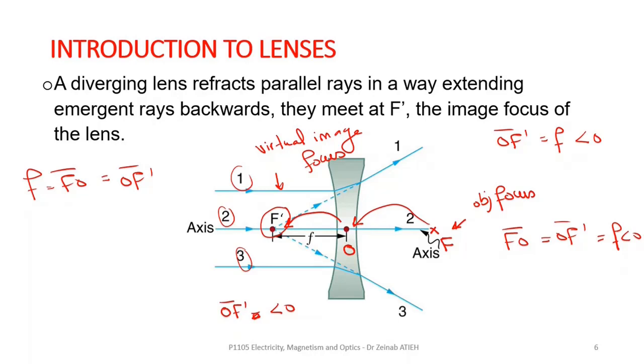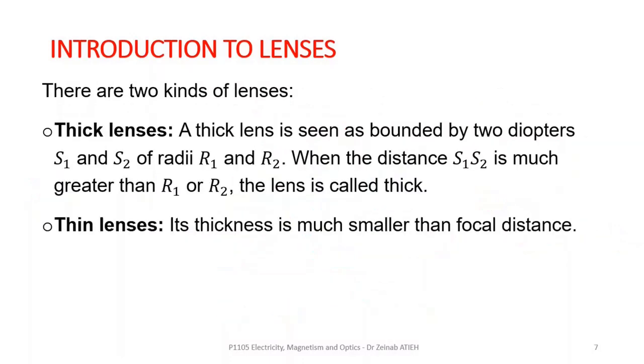For a diverging lens, F and F prime are virtual, opposite to their real positions. Third, F and F prime are symmetrical with respect to O, all the time. These are the things we have to keep in mind.